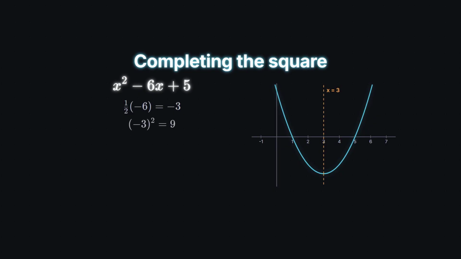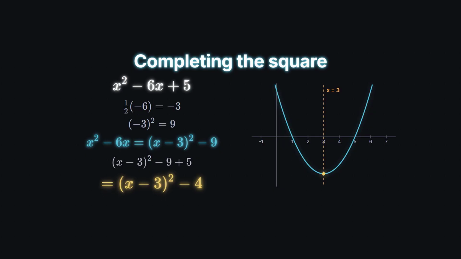Then x squared minus 6x becomes (x minus 3) squared, minus 9. The bracket carries an extra 9 we never asked for, so we take it back off. Bring down the plus 5. Minus 9 and plus 5 leave minus 4. So the equation is (x minus 3) squared, minus 4. Same curve. But now it tells us where it is. Vertex at (3, minus 4).